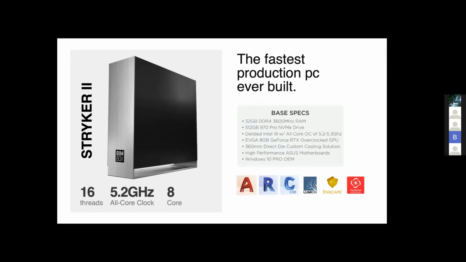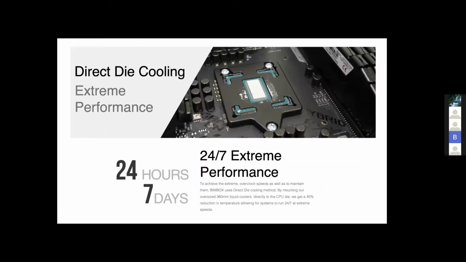And that's through our direct die process. When you see that picture on the top right, this is a modified Intel processor. We've actually removed the heatsink that Intel puts on it. We mount our coolers directly to the die. We get a 40% reduction in temperature on that.